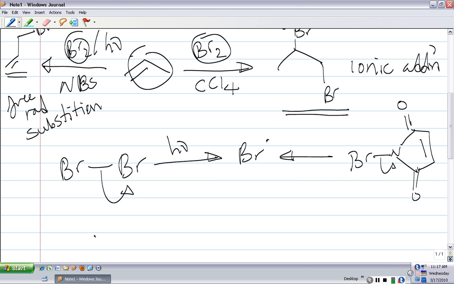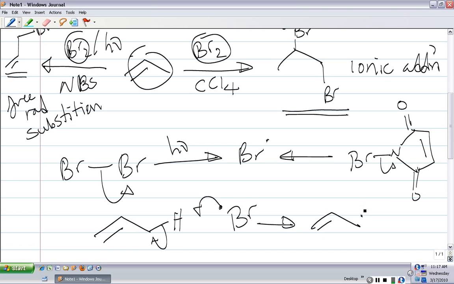And why is that? Because if it attacks the allylic position, it gives rise to the more stable allyl radical. So the Br dot attacks the allyl position, gives rise to the allylic radical, which of course is resonance stabilized.